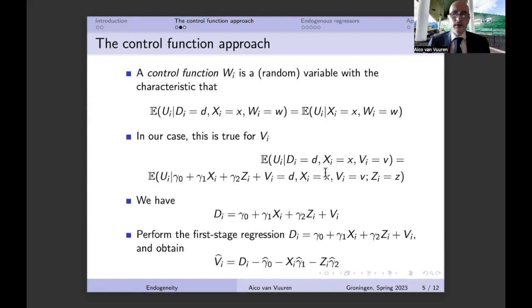Large x could be, for example, gender, and little x could be the case in which we only focus on women. Or x_i could be a certain range of ages that people can have, or a particular kind of region. Whatever it is, we base ourselves on a subsample for which x_i is always equal to this little x over here.